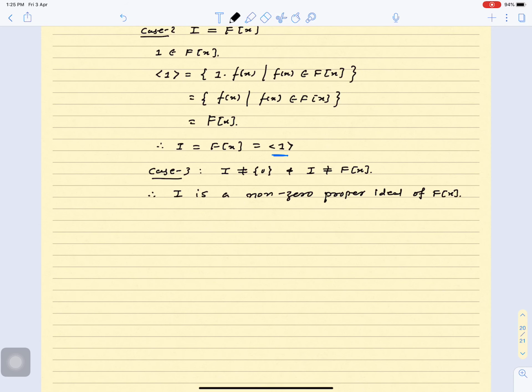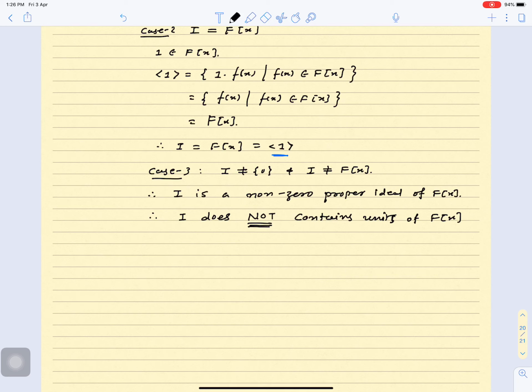See, it is a proper ideal, so it will not contain units. So immediate observation: therefore I does not contain units of F[x]. See, if I contains at least one unit element, then it becomes F[x].